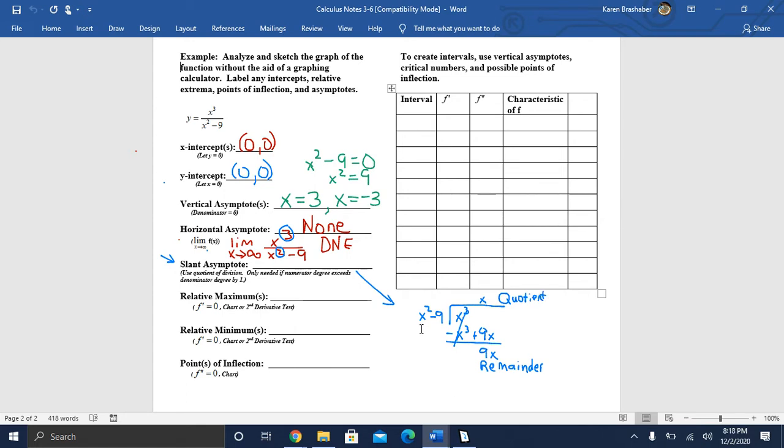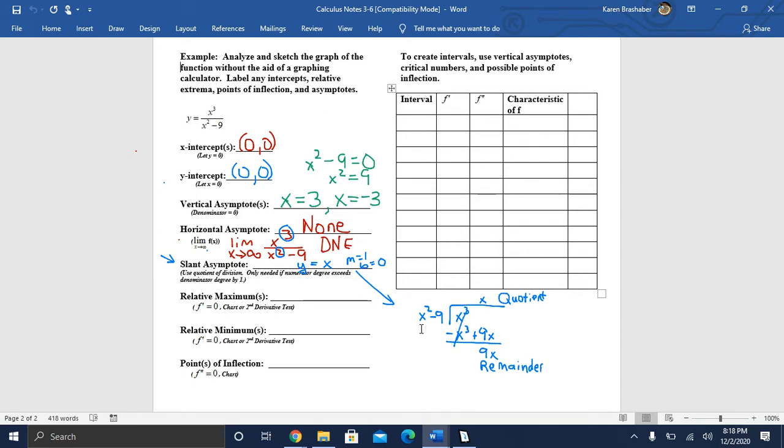And in fact, your slant asymptote is y equals the quotient. So y equals x. And don't be intimidated by that. Remember that that's just a line where your slope is a 1 and your y-intercept is a 0. So we'll be graphing that line as an asymptote for the graph.